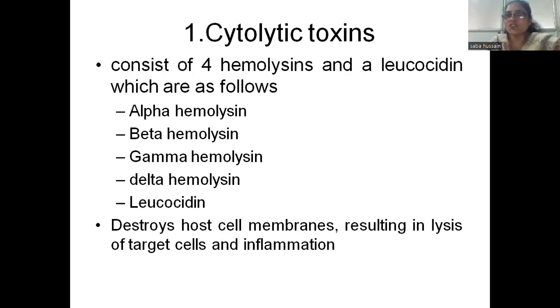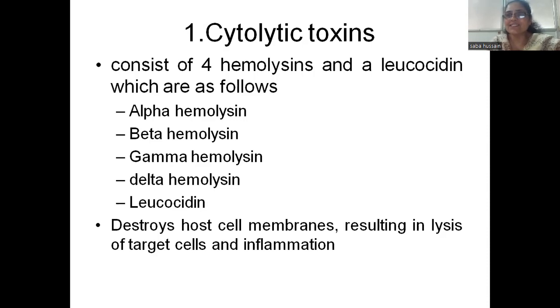These cytolytic toxins are hemolysins and leukocidins. You can know by the name what hemolysins are. They will be lysing the heme part of the host, and leukocidins will be damaging the leukocytes of the host, because cidins are killers. Cidin means killing, so leukocidin is killing leukocytes.